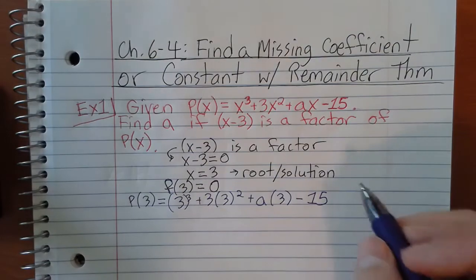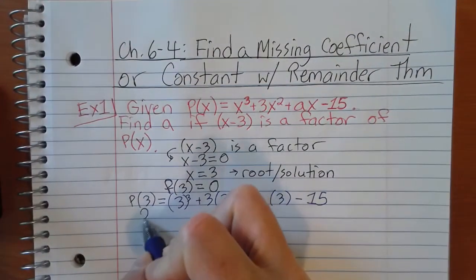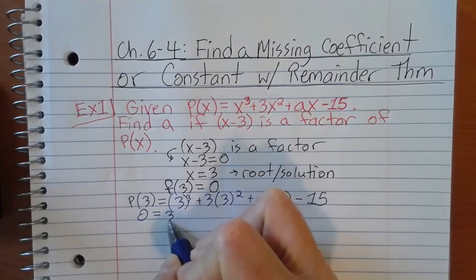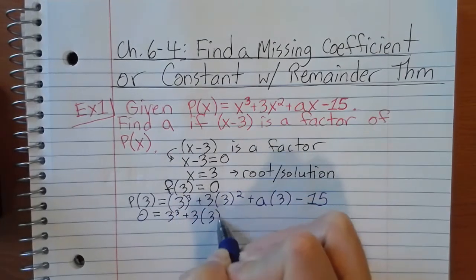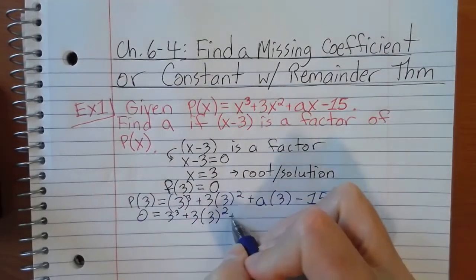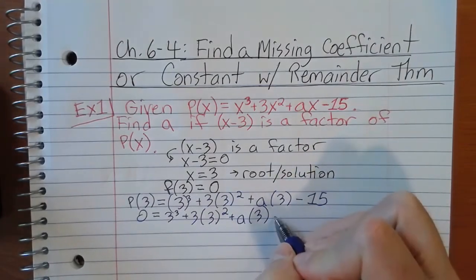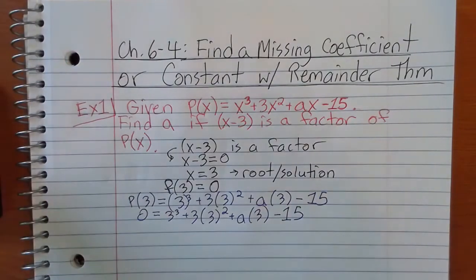And by the remainder theorem, that should be equal to 0. So we can set it equal to 0. And now we've got 0 equals 3 cubed plus 3 times 3 squared plus a times 3 minus 15. Now we just have an equation that we can then solve for a.